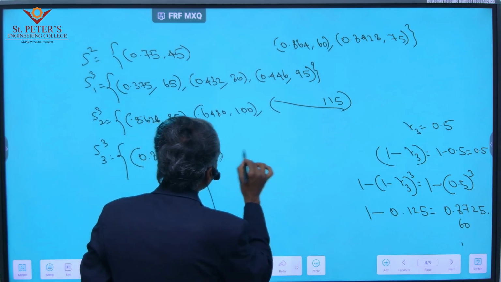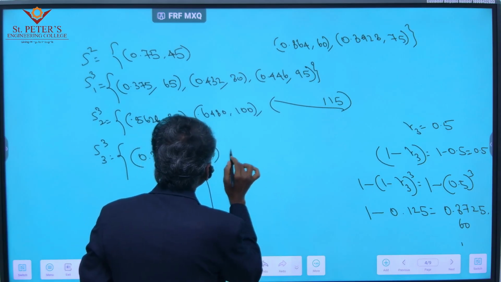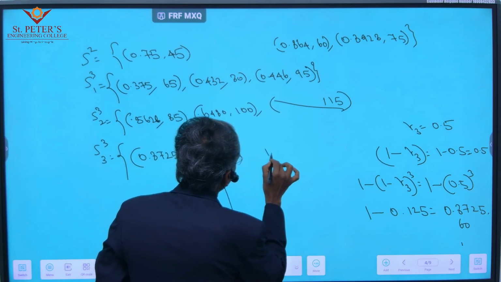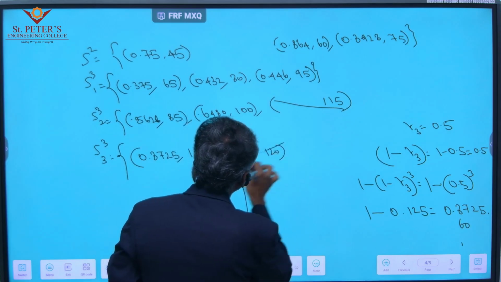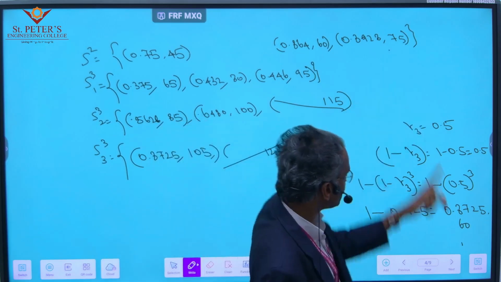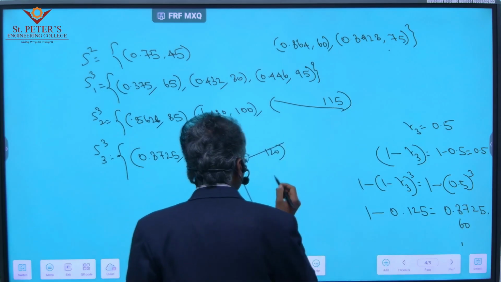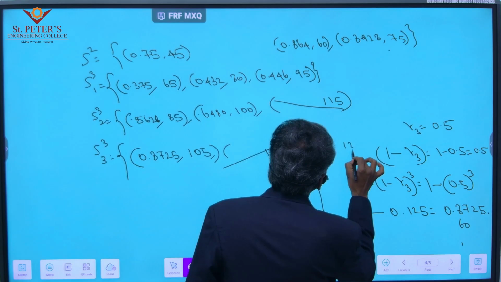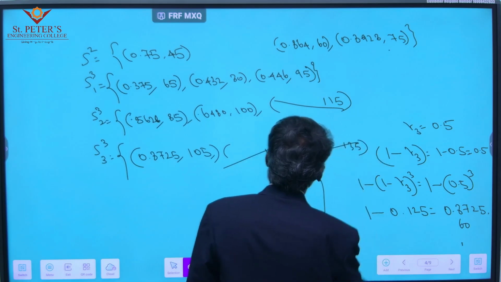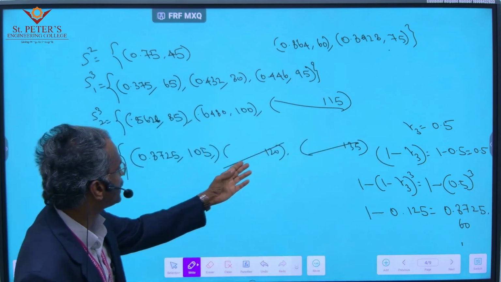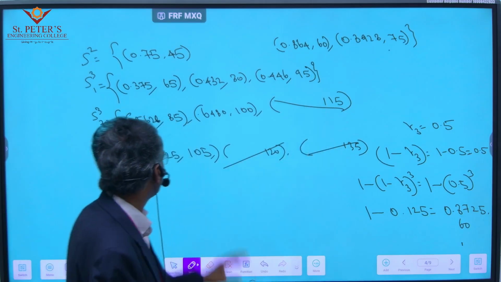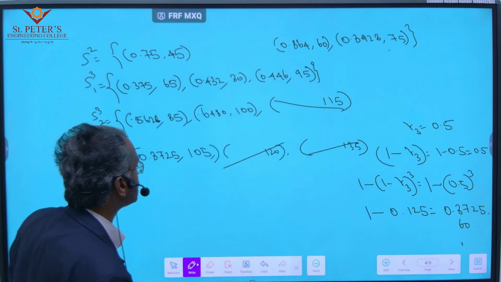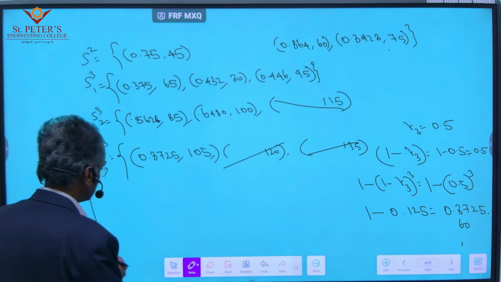So 120 for the third device, 120 is ruled out. 60 plus 75 is exceeding 135. So 135 is ruled out. So this set we don't need to proceed.